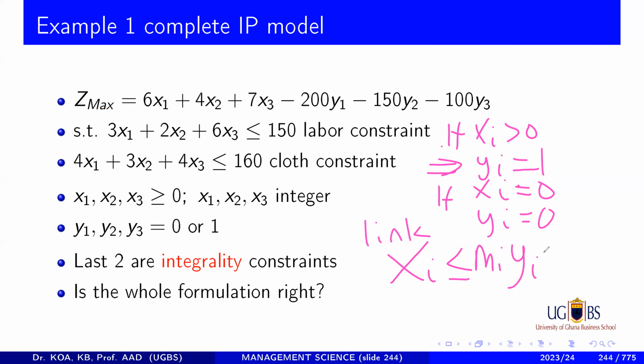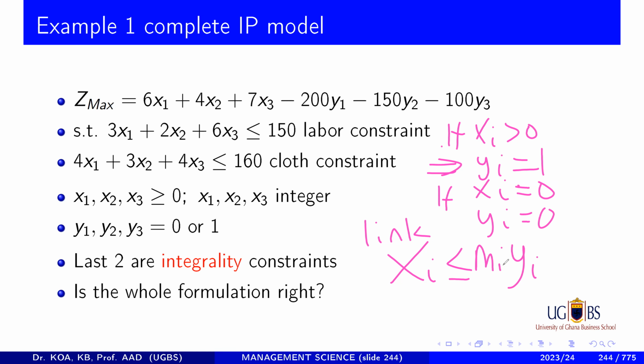And the next value y can take is 1. If y is 1, then the x value, remember the symbol is less than or equal to. The less than will mean that there are several values below the m. But then the equal to means that the x will be equal to the m.